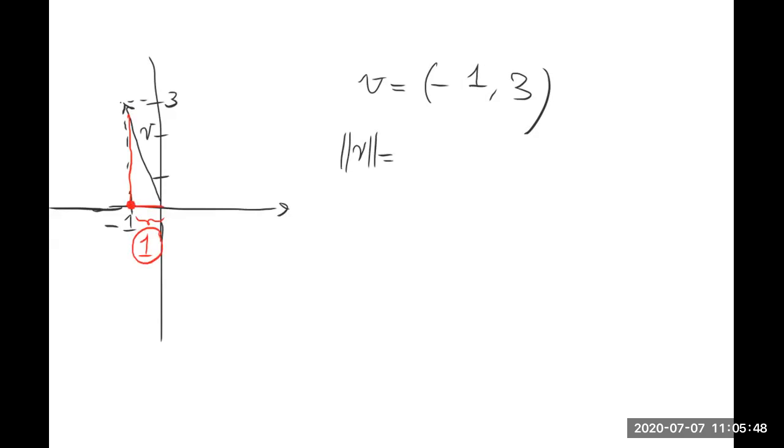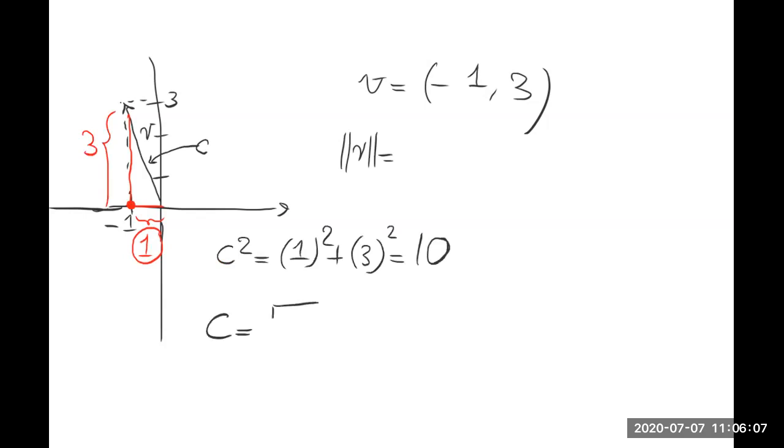Length is the positive number measuring that side. And the other length is 3. If I call this length c, Pythagorean theorem says c squared is 1 squared plus 3 squared, which is 9 plus 1, 10. c is the square root of 10. So the length of v is the square root of 10.